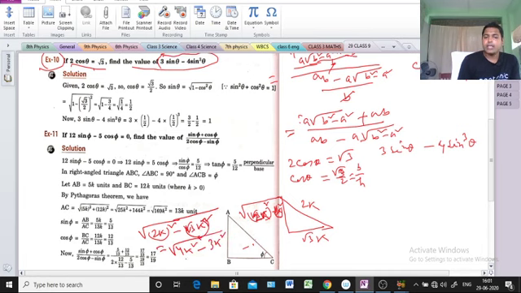So 4k square minus 3k square means only 1k square. Understood? 1k square we are getting.